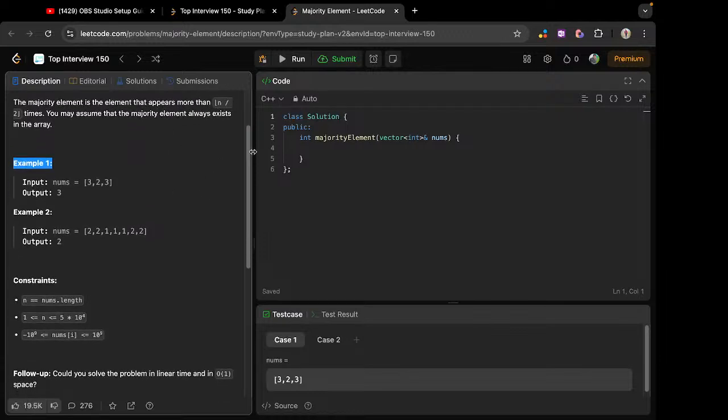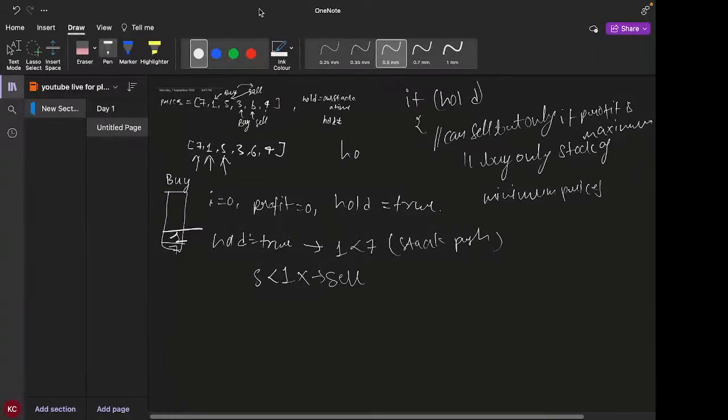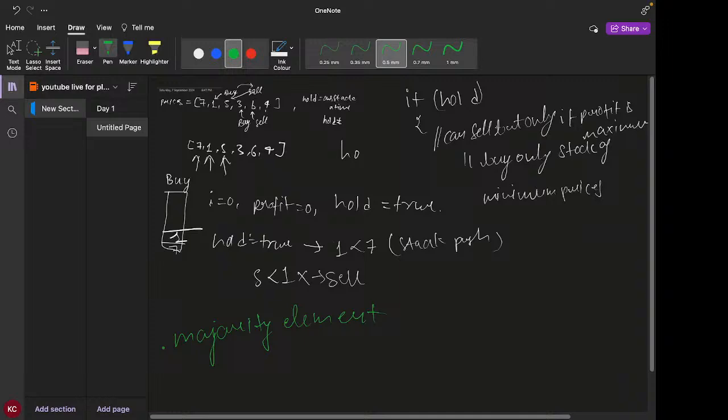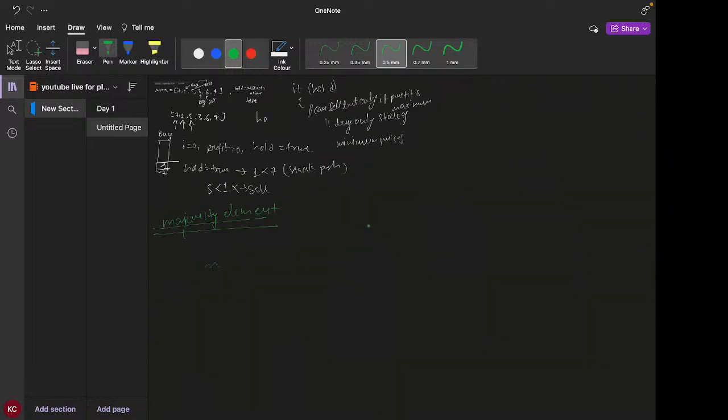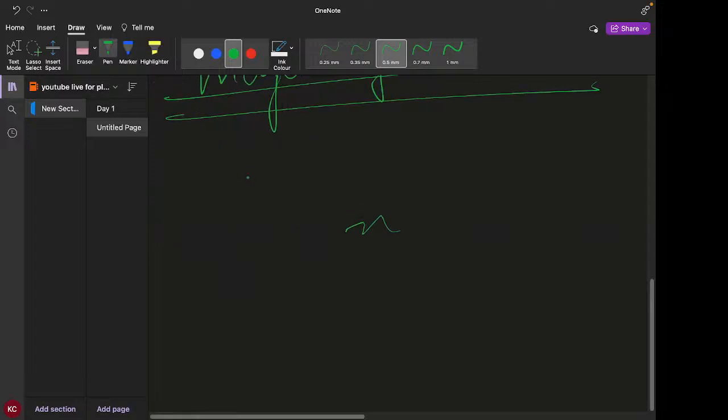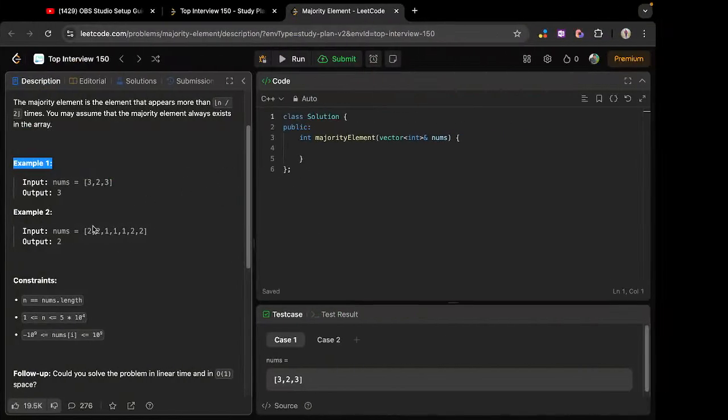Let's suppose the topic is majority element. Let me take an example.